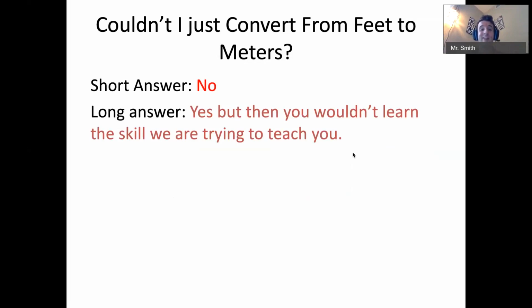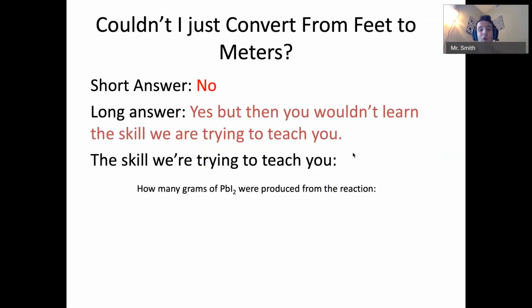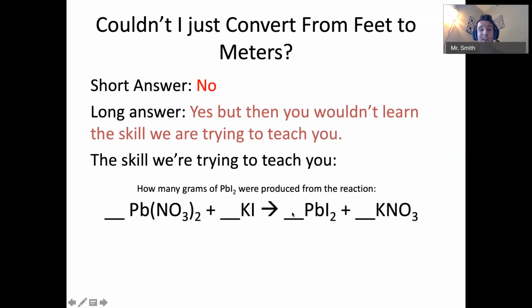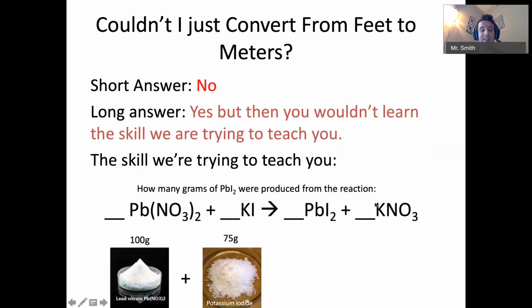Here we go. All right, so here's the skill we're trying to teach you. We're trying to eventually get to a part where we're talking about reactions, right? And in this reaction, maybe we're trying to figure out grams of some chemical, right? Here's the chemical reaction that you're going to eventually learn how to create. And these are maybe the 2 compounds that you're working with.